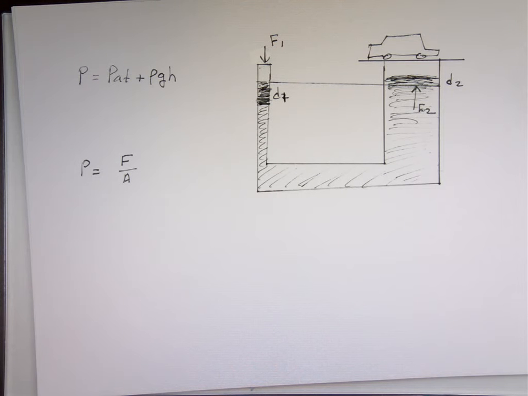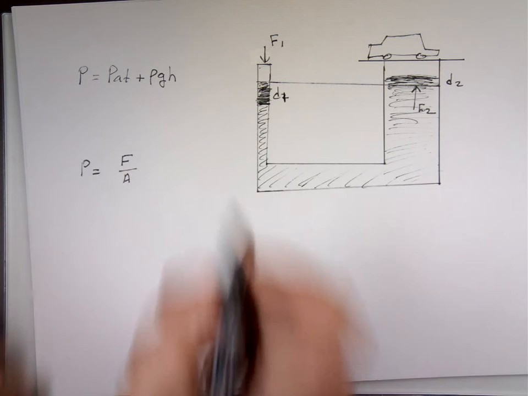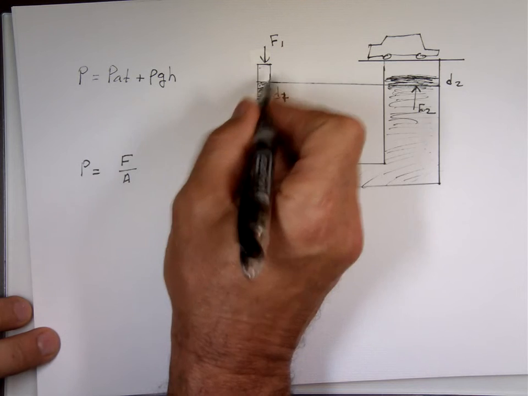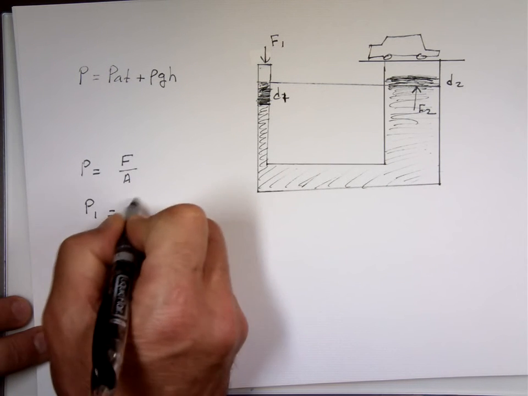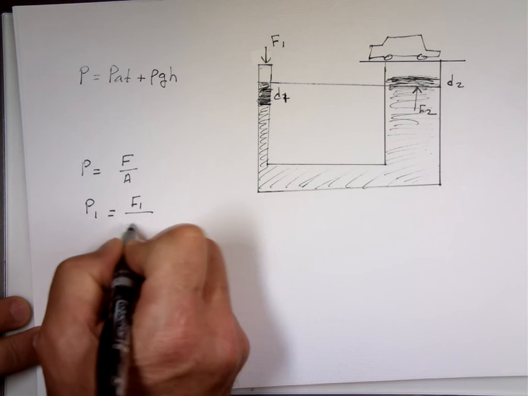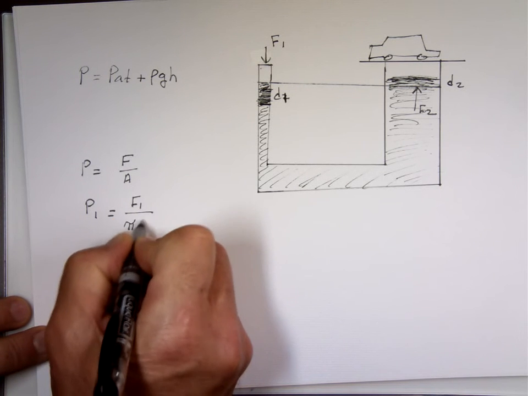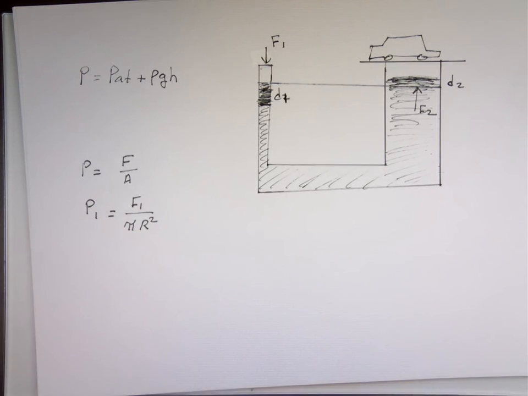So you're going to find the relationship between the pressure here, pressure 1, which is force 1 over the area. The area is pi r squared. With the design of these, they made this r really small.